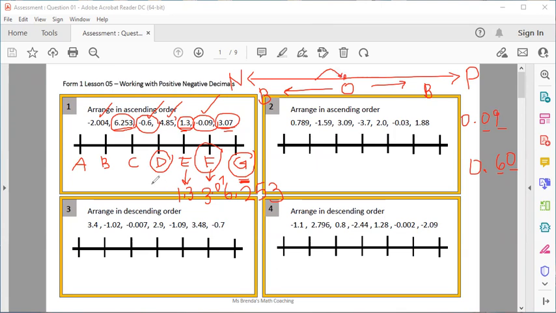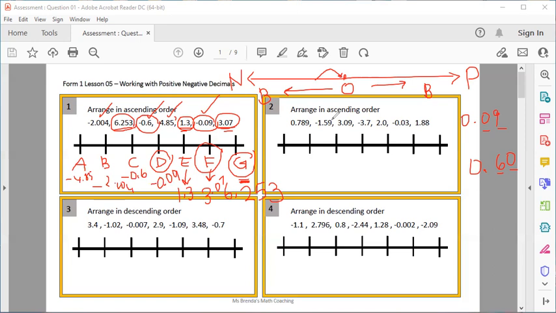That's right, Tristan. It should be negative 0.09, followed by negative 0.6. Then, of course, we can easily say negative 2 would be first, negative 2.004, and finally negative 4.85. You see that? Do you get that, all of you?